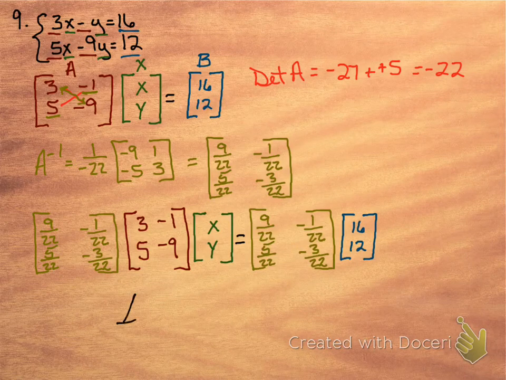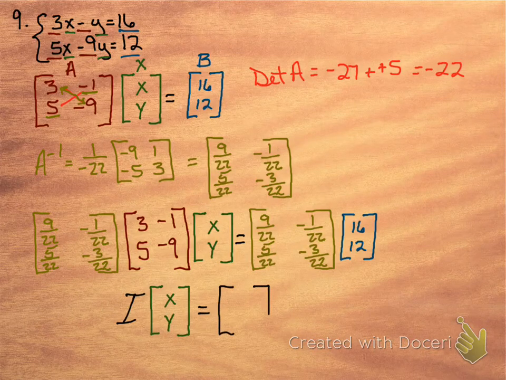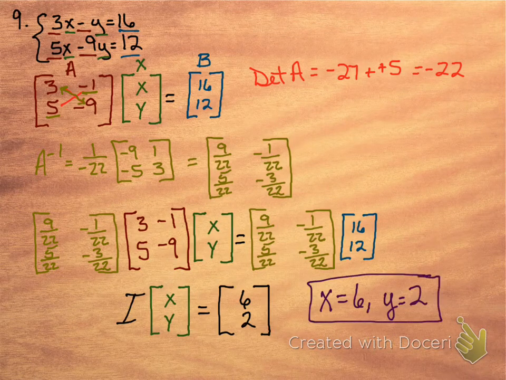Okay. So, inverse times A gives me the identity matrix. Inverse A times B gives me 6 and 2. So x is equal to 6, y is equal to 2.